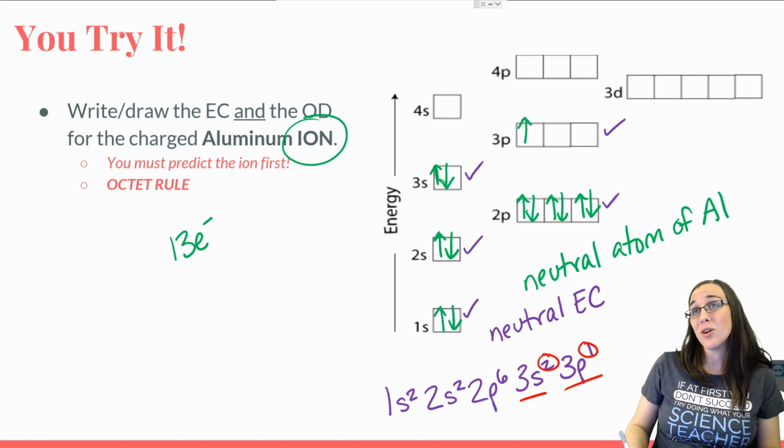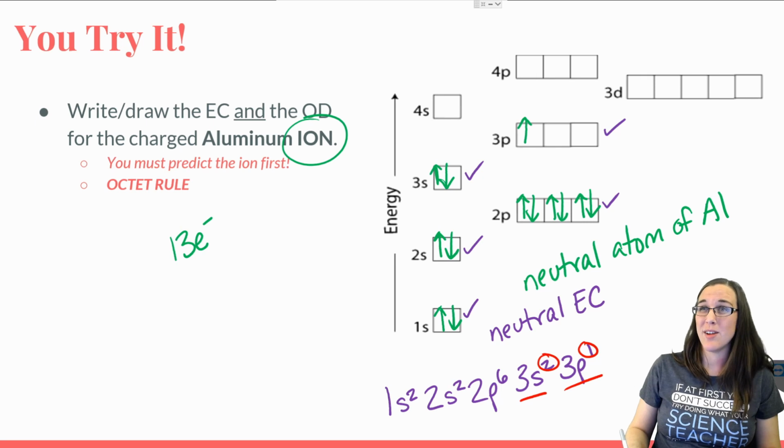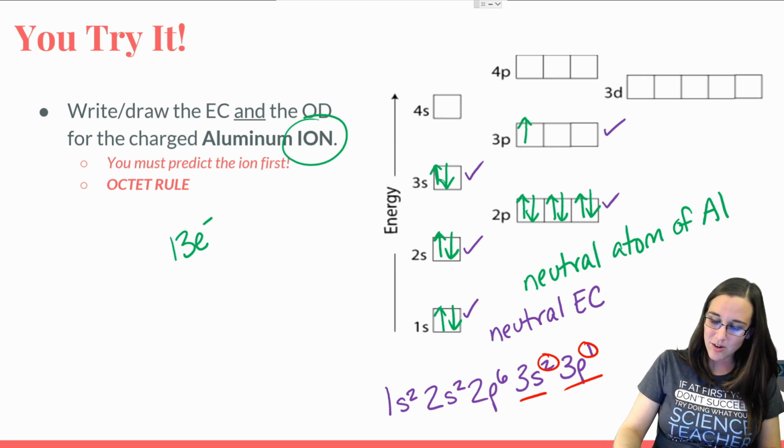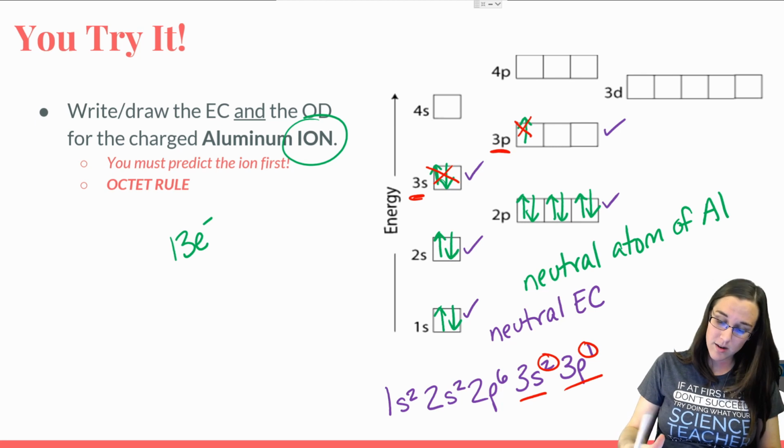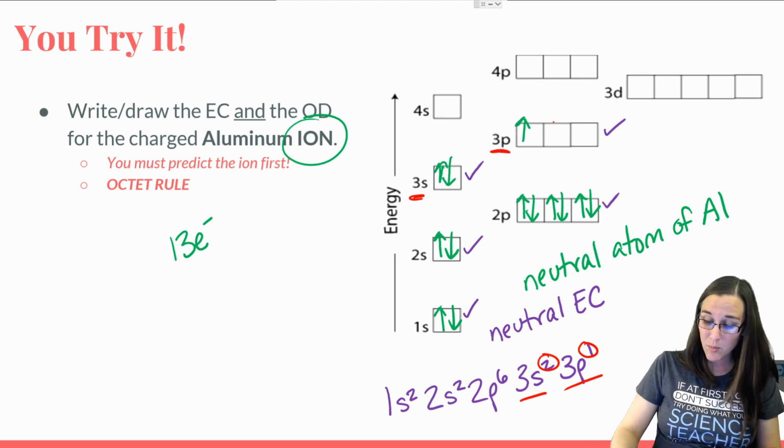We could also figure out, well, how much farther am I away from filling this orbital diagram? I could either lose 1, 2, 3 from my higher energy levels, or I would have to gain 1, 2, 3, 4, 5.